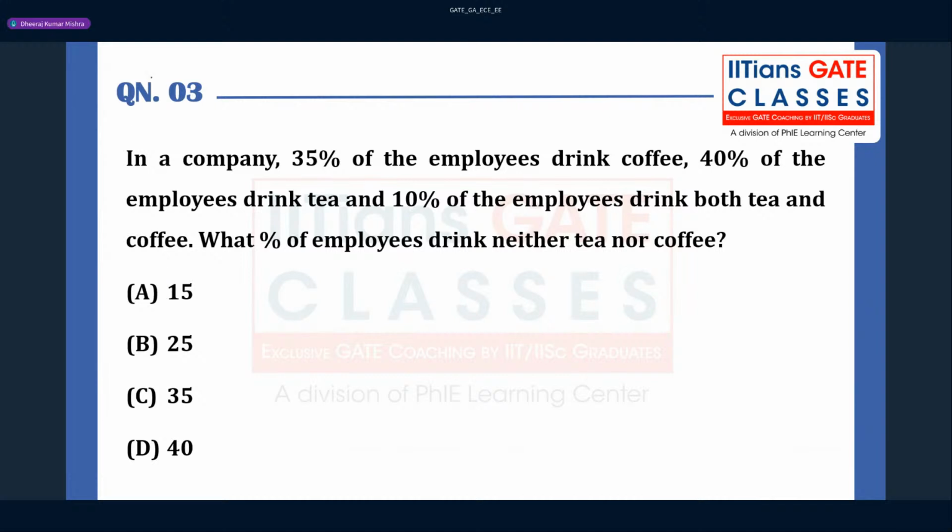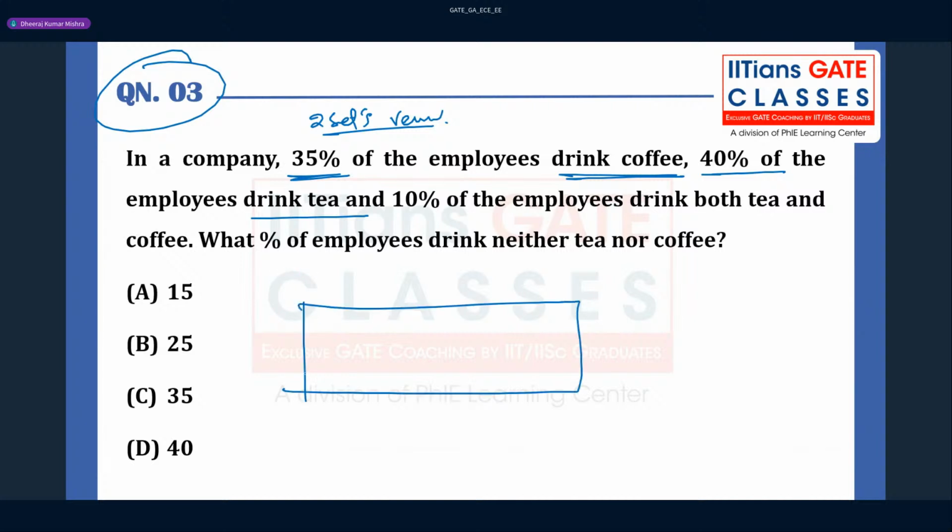Now question number three. What they have given here is, in a company, 35% of the employees drink coffee, 40% of the employees drink tea. So this is a two-set Venn diagram problem. Since they haven't given the total, you can consider the grand total (GT) as 100%.